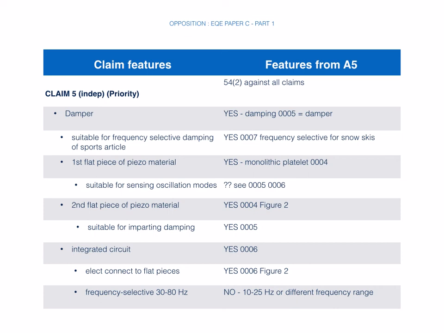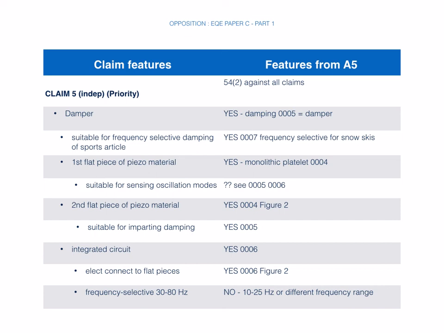Claim 5 is to the damper. Is it a damper? Yes. Paragraph 5 talks about damping, therefore it's a damper. Is it suitable for frequency selective damping of a sports article? Yes. Paragraph 7, frequency selective for snow skis. First flat piece of piezoelectric material, yes, monolithic platelet, paragraph 4.